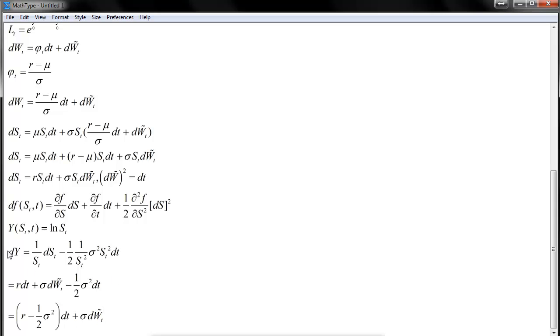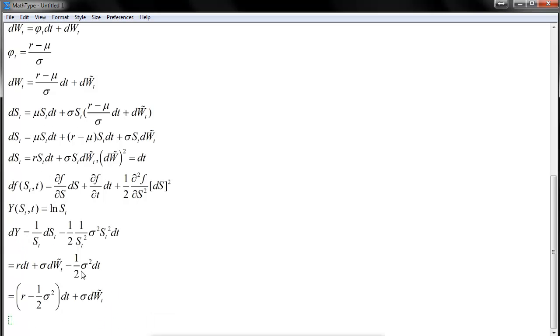But know that that was the differential of the function dy, and dy is the differential of logarithm s of t.